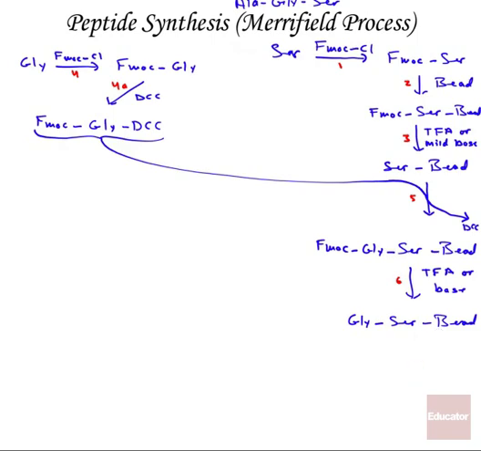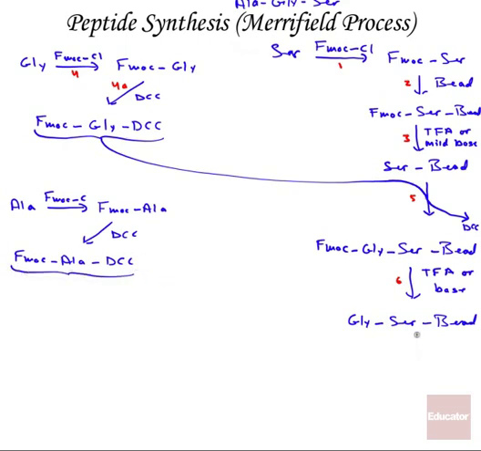Okay, so now let me go back over here and prepare my alanine. So I'm going to take alanine, and I'm going to react it with this thing called FMOC chloride in order to get FMOC ala. And I'm going to react it with this thing called DCC in order to get FMOC ala DCC.